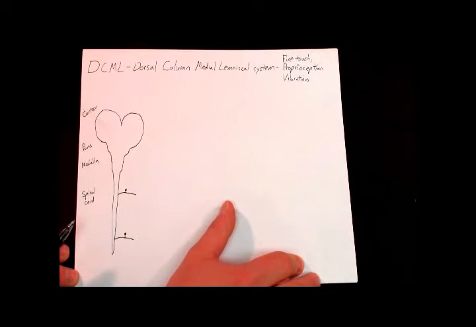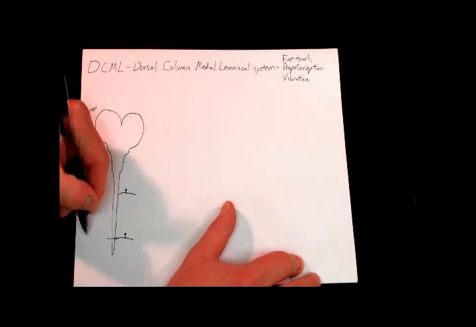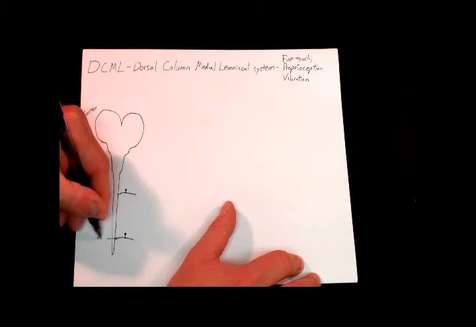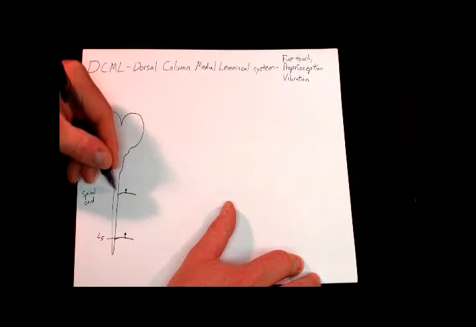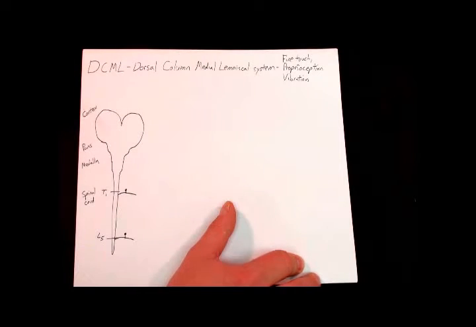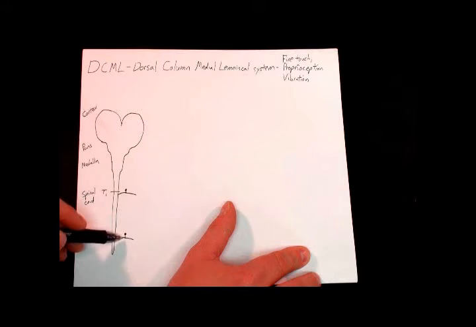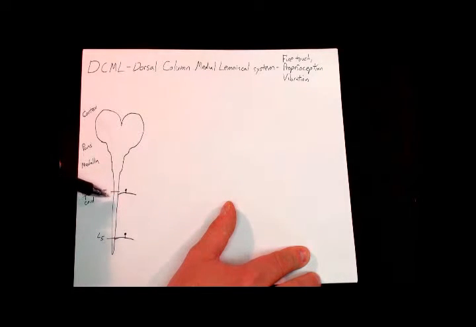Now to get a handle on that, we're going to choose two arbitrary levels. We're going to pick, let's say, L5, fifth lumbar segment, and T1, first thoracic segment of the spinal cord. Mostly because these correspond to signals that are going to the lower limb and upper limb respectively.